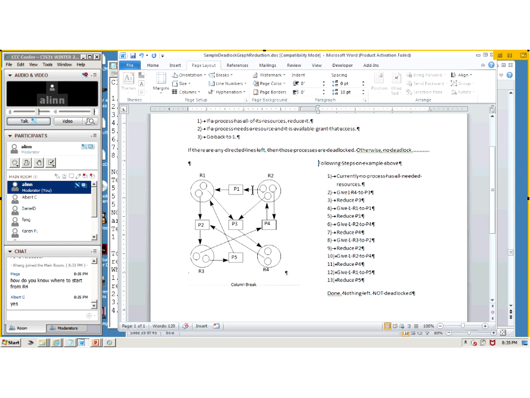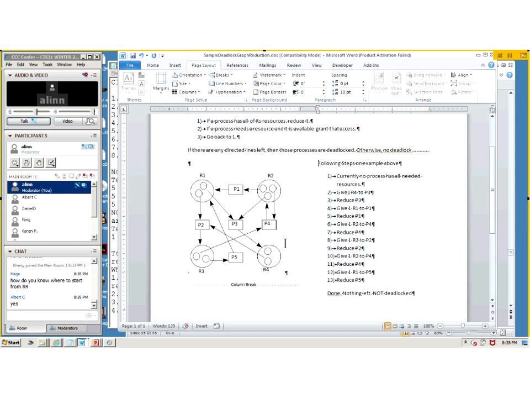If a process needs a resource and it's available, well, this is unavailable, unavailable. This one's available and P3 needs it. So I would grant it. That's what this would mean. So P3 would have gotten this resource. That's how you know where to start.